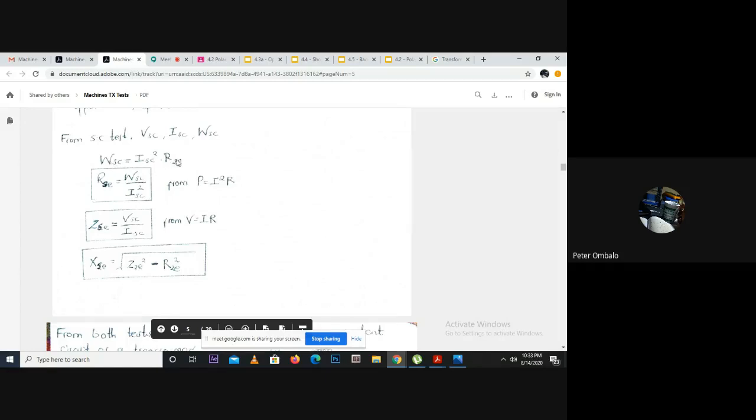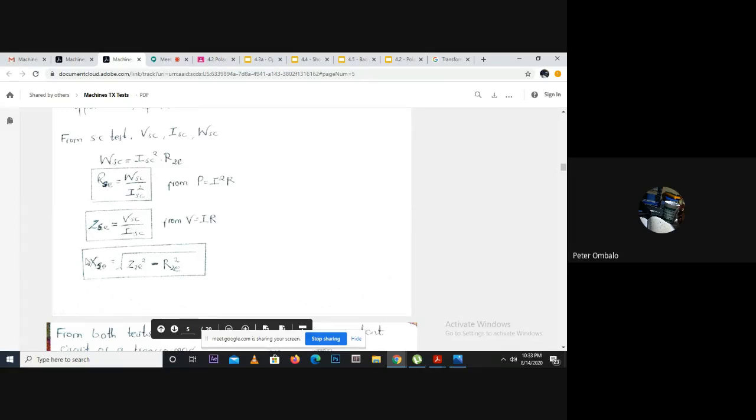This is from P equals I squared R. So then R is going to be the power divided by the current squared. And then we can also get Z, which is the impedance. We know V equals IR, or IZ, sorry. So we can get Z by dividing the voltage by the current.